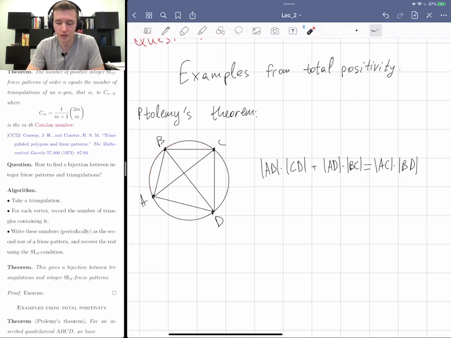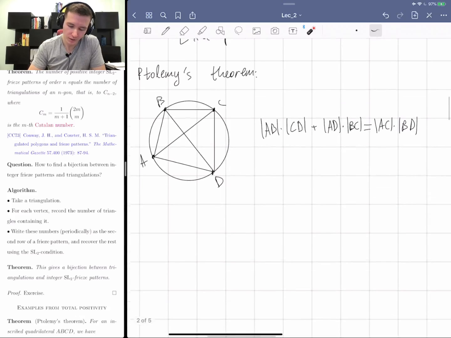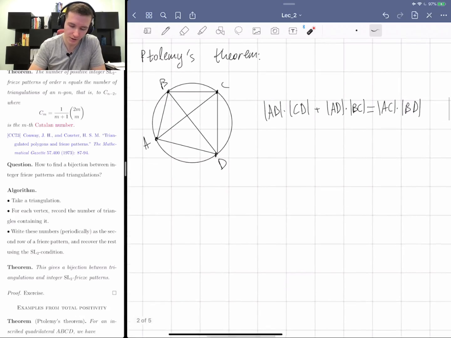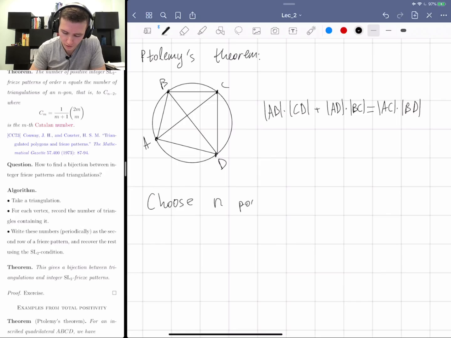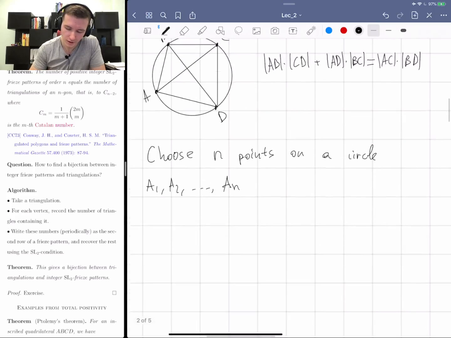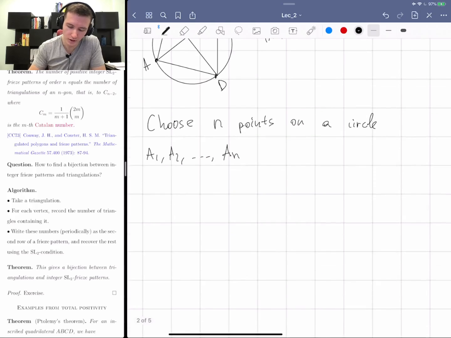Here's what I'm going to do now: instead of choosing just 4 points on a circle, I'm going to choose n points on a circle, let's say A1, A2, all the way up to AN. And then I'm going to study the distances between these points.